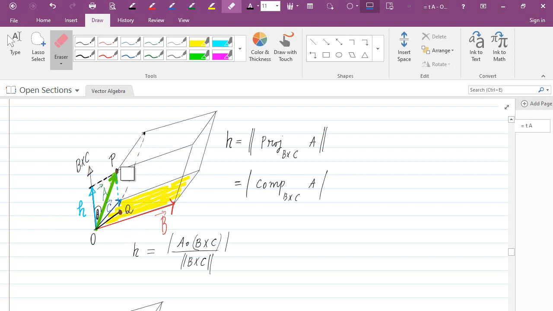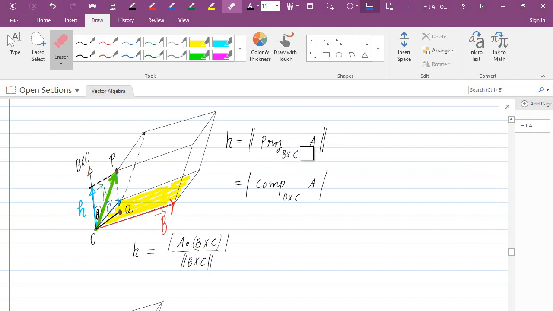Then the height of the box is the distance between P and Q. Now, from the point P, we make a perpendicular line onto the vector B cross C, and then the blue vector right here is the projection of A along B cross C. And clearly the distance between P and Q is the same as the length of this projection vector of A along B cross C. So the height of the box is given by the length of the projection of A along B cross C.